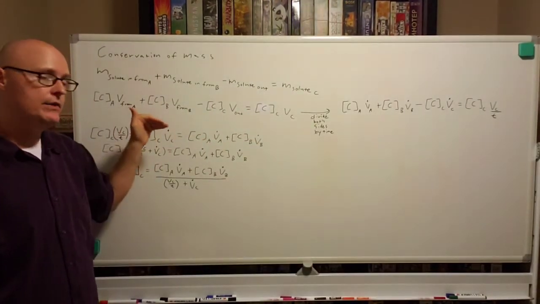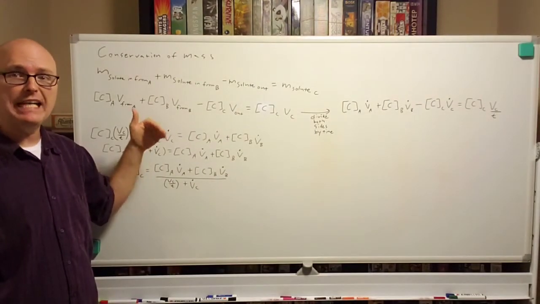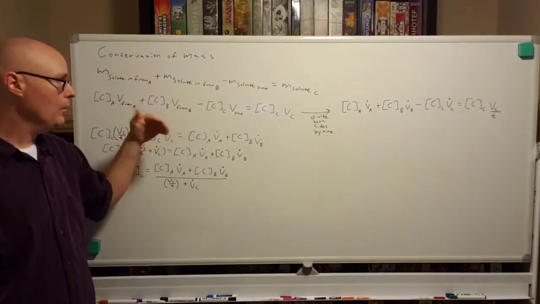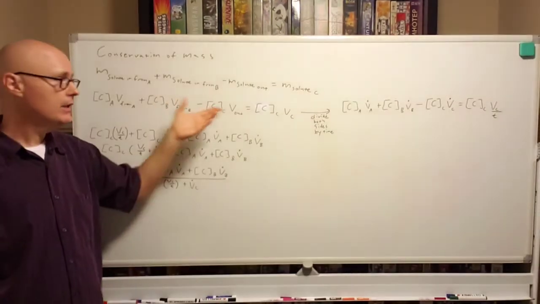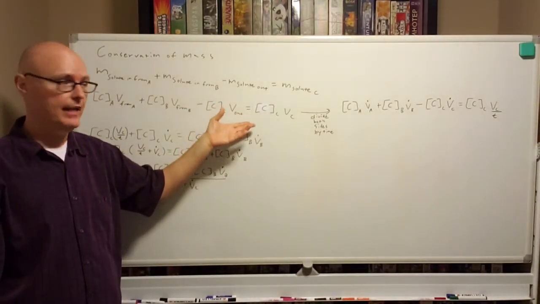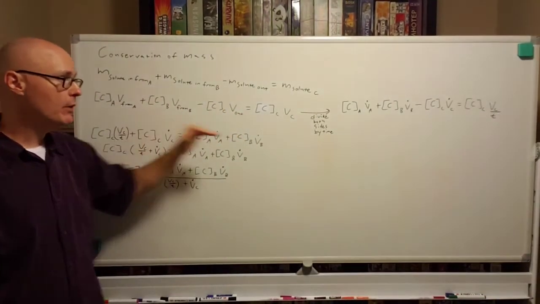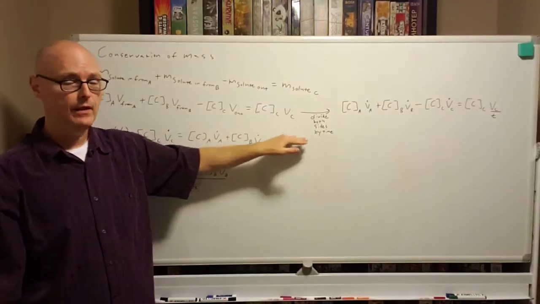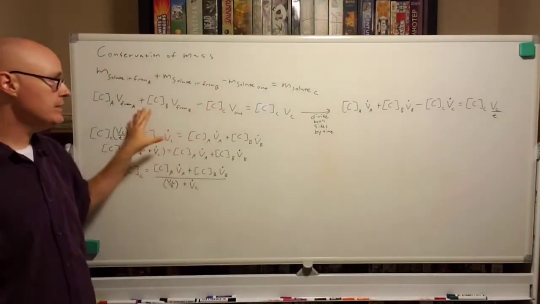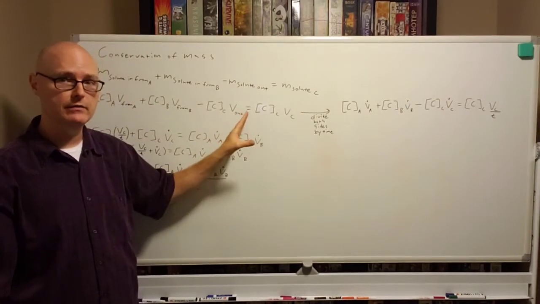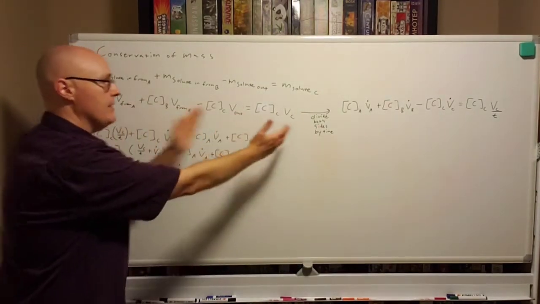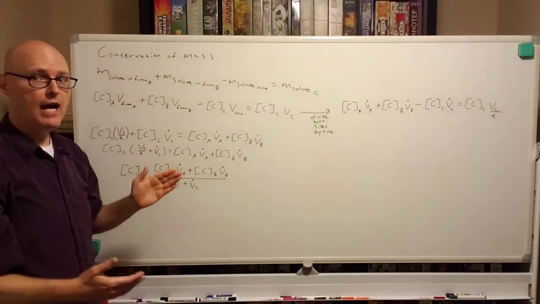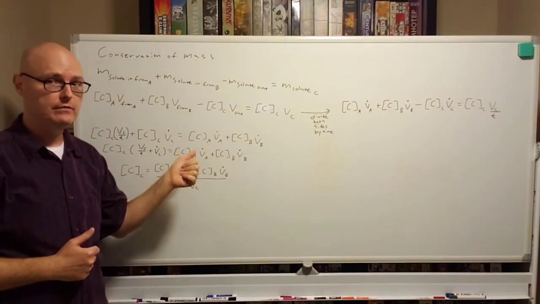But I want to know as a function of time, right? I want to know dynamically what is happening to the concentration of that tank. So if I divide both sides of this equation by time, I have not changed the equation.